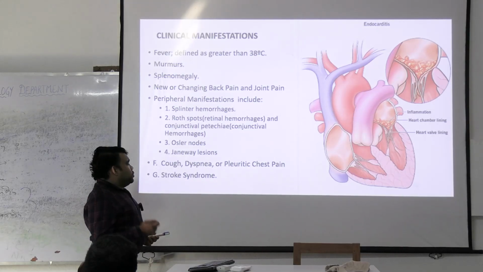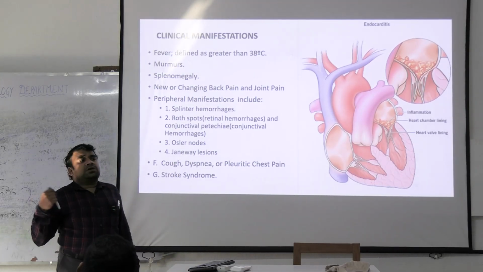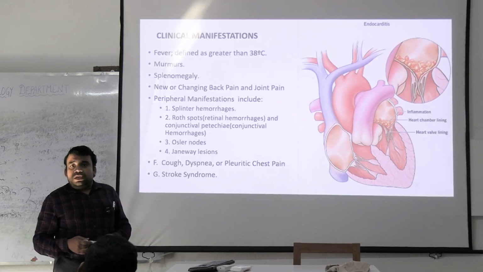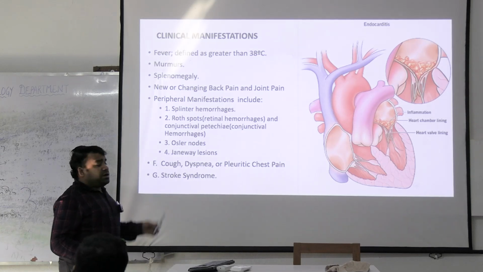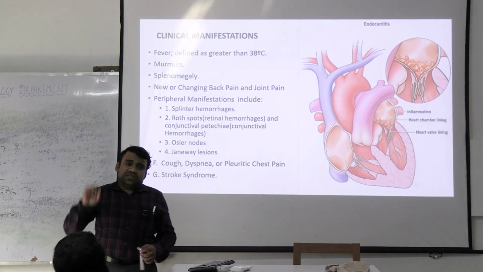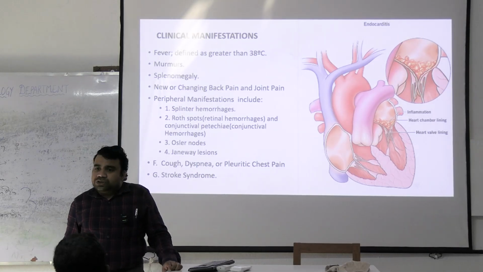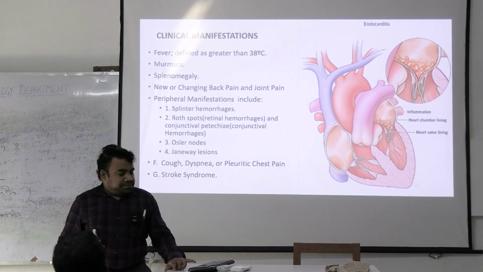These are the cutaneous manifestations. Or it may lodge in the pulmonary circulation, leading to cough, dyspnea, and chest pain. And finally, if the vegetations gain access into the cerebral circulation, they may also lead to strokes.